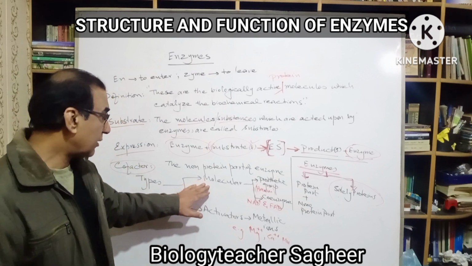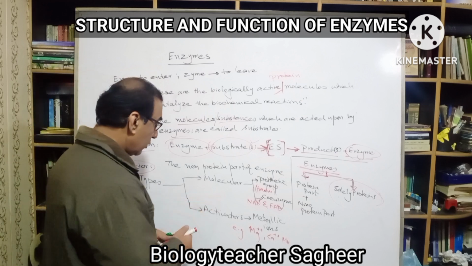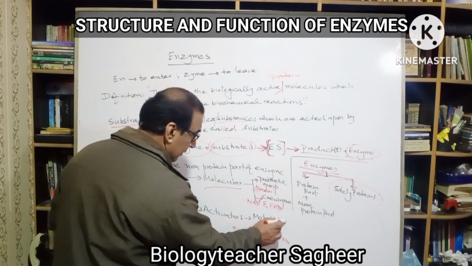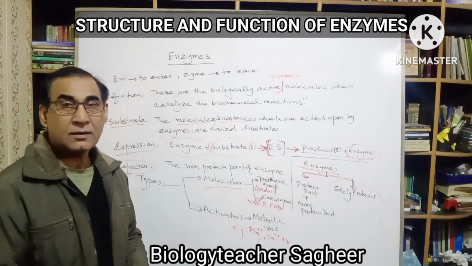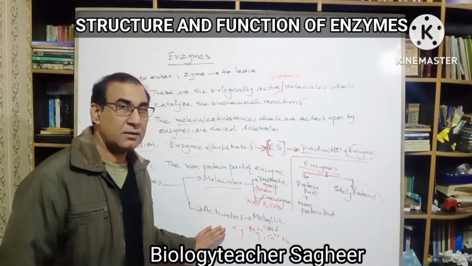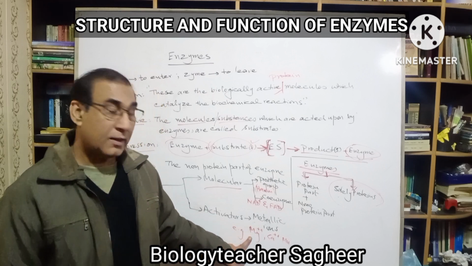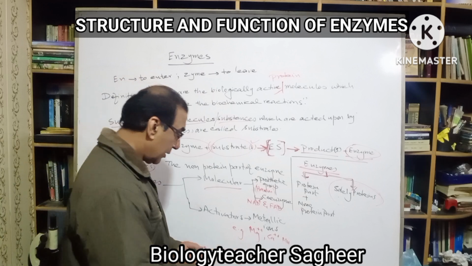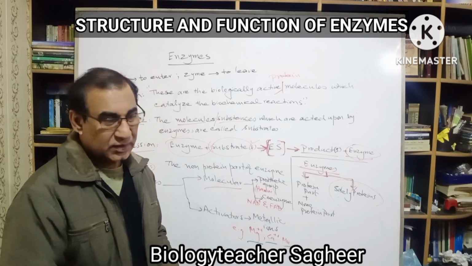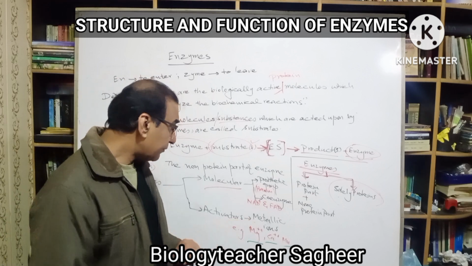And cofactors are again of two types: molecular cofactors and non-molecular ones, which are metallic ions. That can be the magnesium ion, calcium ion, manganese, etc. These are known as activators.